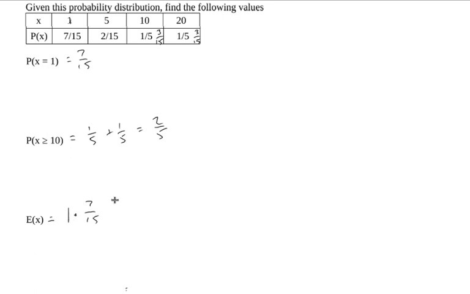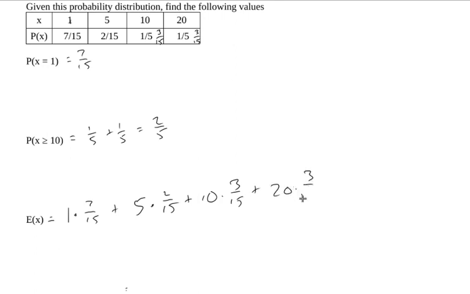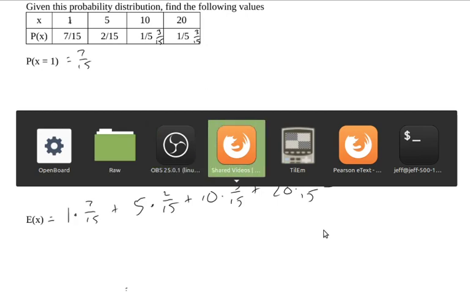So I'm going to do 1 times 7/15ths. Then I'm going to do 5, so now I'm looking at the second outcome here. 5 times 2/15ths plus 10 times 3/15ths plus 20 times 3/15ths. Now if I add all these together, this will give me the expected value for a bill in this wallet.